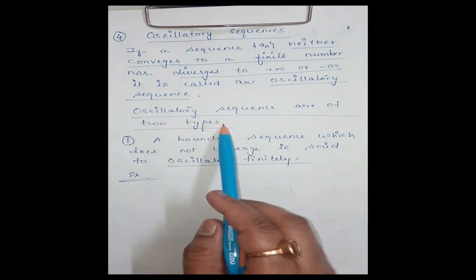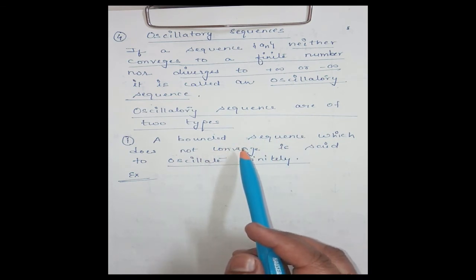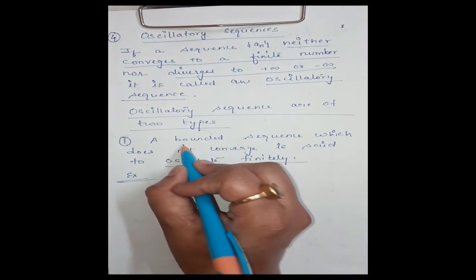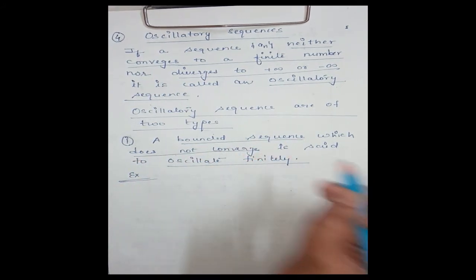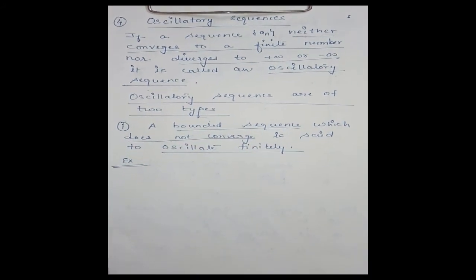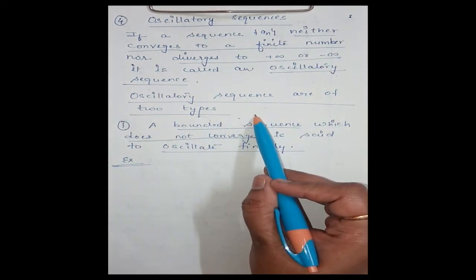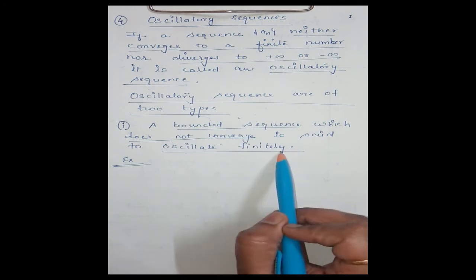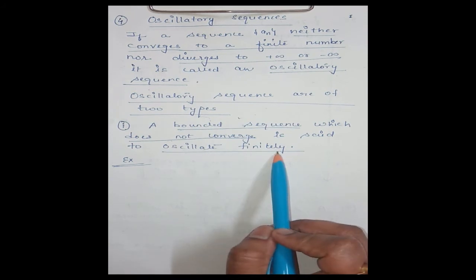We have two types of oscillatory sequences. First is a bounded sequence which does not converge. A bounded sequence which does not converge is said to oscillate finitely.